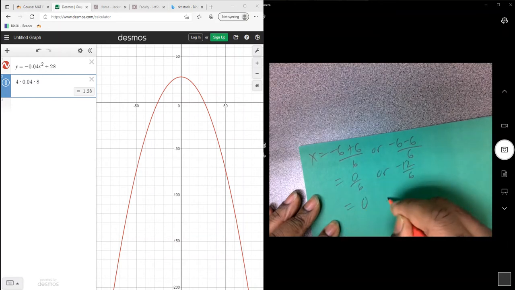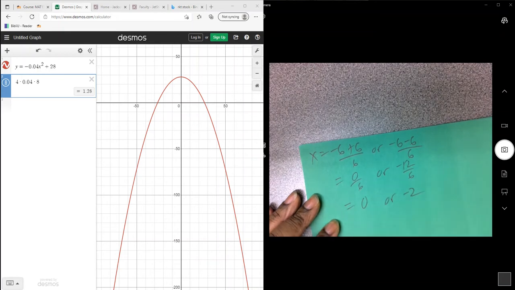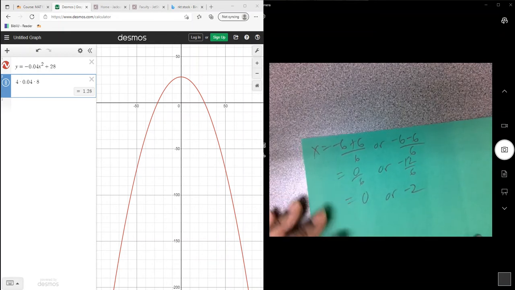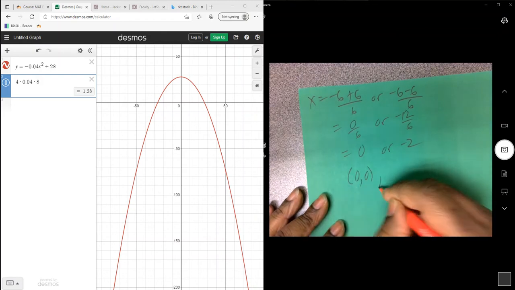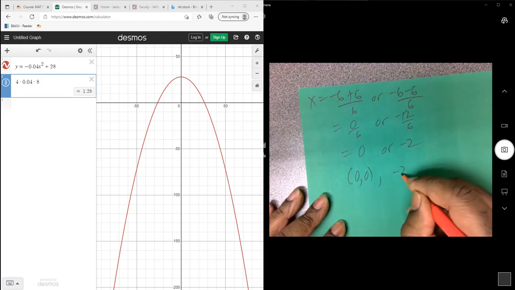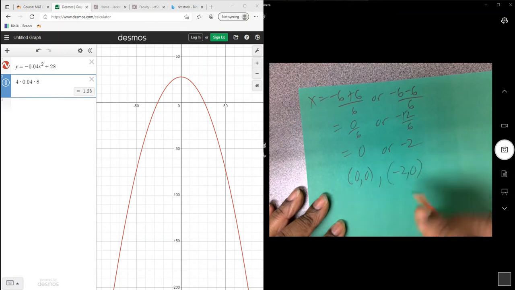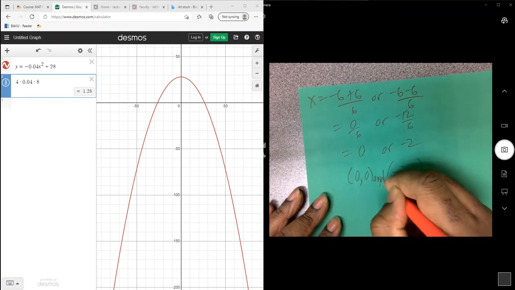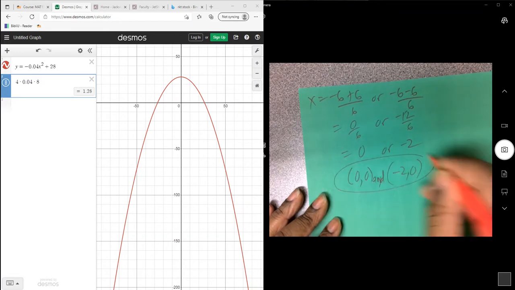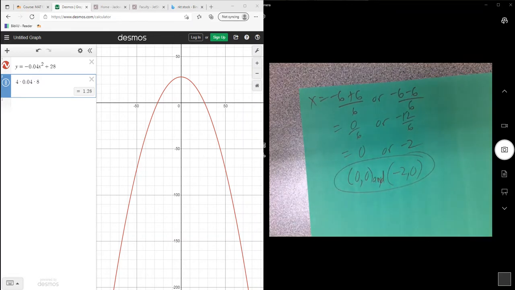So our answer would be 0 or negative 2. Now they want us to write that as x-intercepts, so it'd be (0, 0) and also (-2, 0). So these are the x-intercepts for problem number 9.